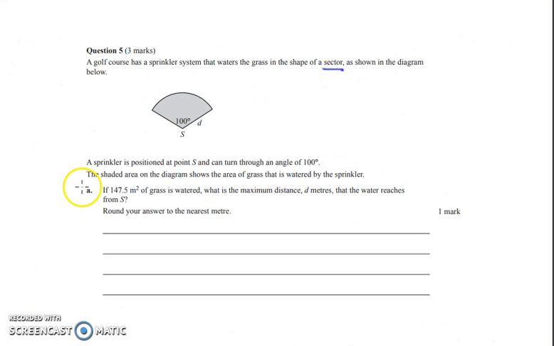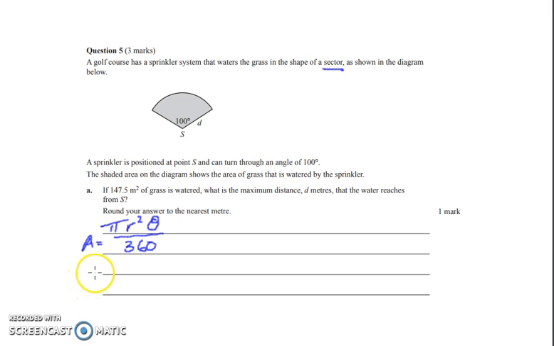So if we go back to here, our formula is the area is pi r squared times theta over 360. If we place all the information that we have into this formula, we can then rearrange and manipulate it to find our value for r. In this case, it's d.